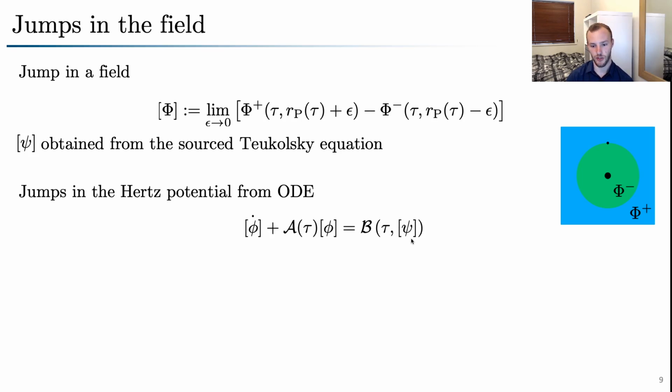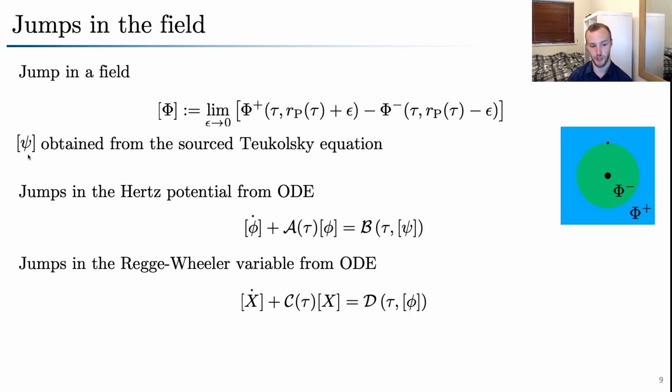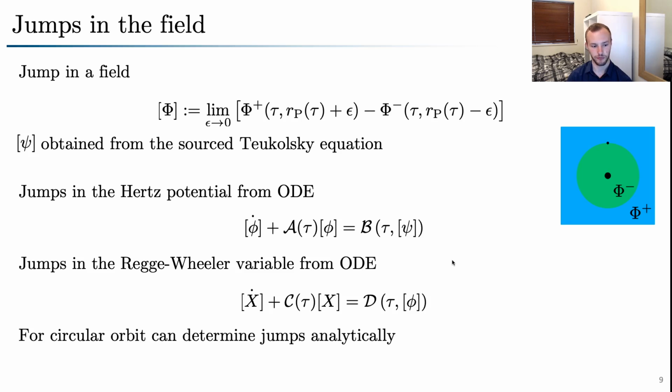And the source of this ODE, as you can see here, depends on the jumps in the Weyl scalar. So once we have the jumps in the Hertz potential, we can get the jumps in the Regge-Wheeler variable using another first order ODE. And as you can see, again, the source of this depends on the Hertz potential. So they all depend on each other.